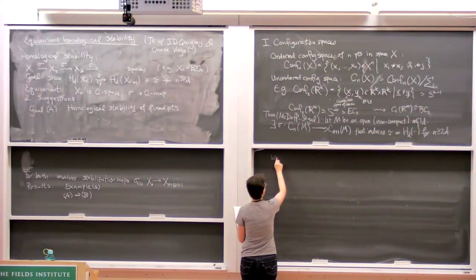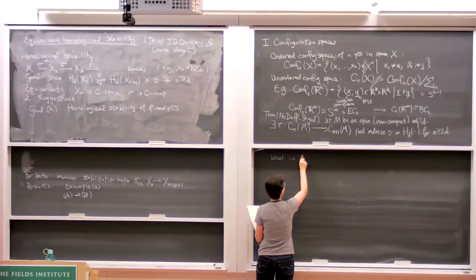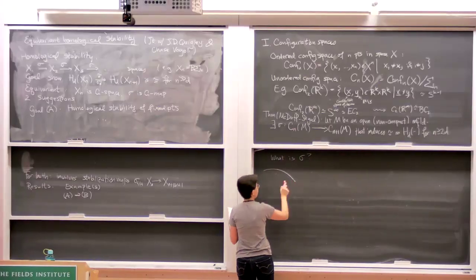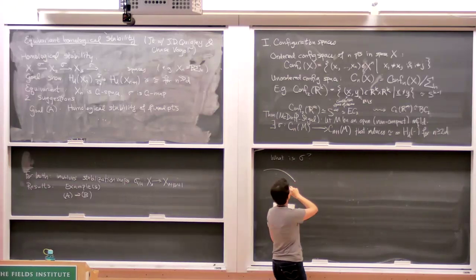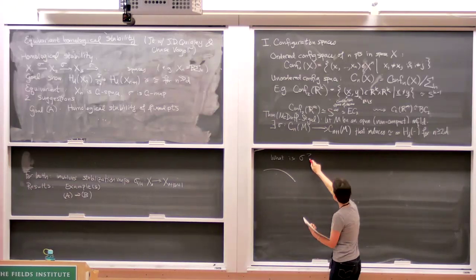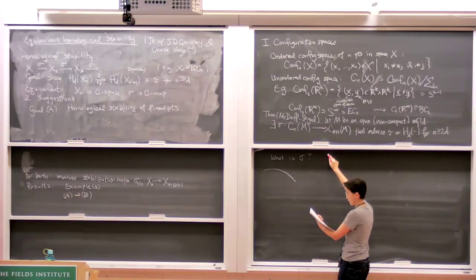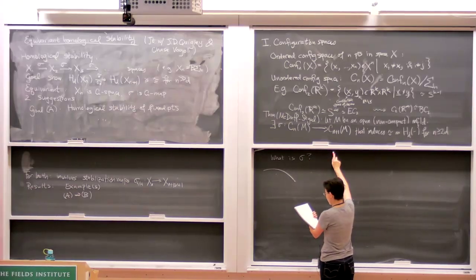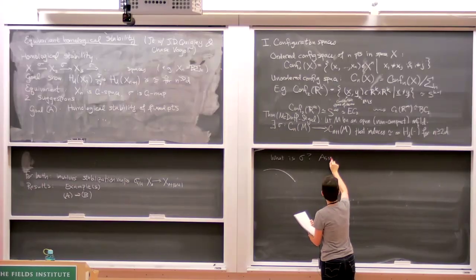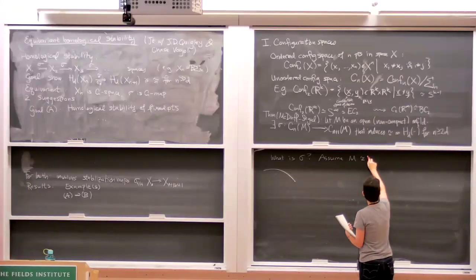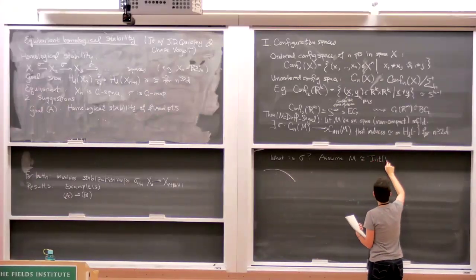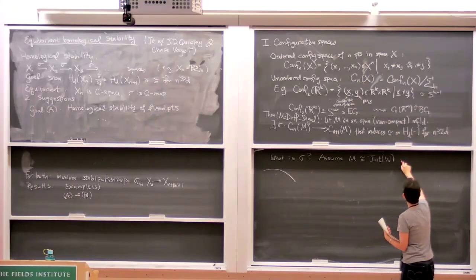So if I start with a manifold, this construction is easier to state with a small extra hypothesis. So let's assume that M is homeomorphic to the interior of some other manifold W, for W compact.